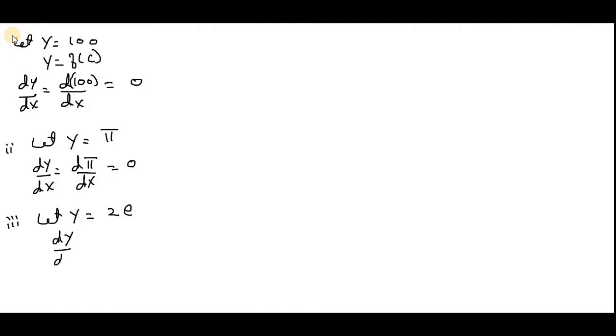Now e is assumed to be another universal constant, so dy by dx is equal to d by dx of 2e. So its answer will be 0. Now we have seen that for any constant, its derivative will be 0.